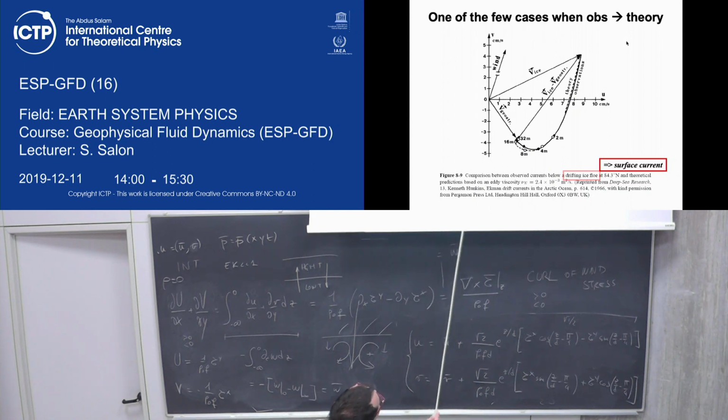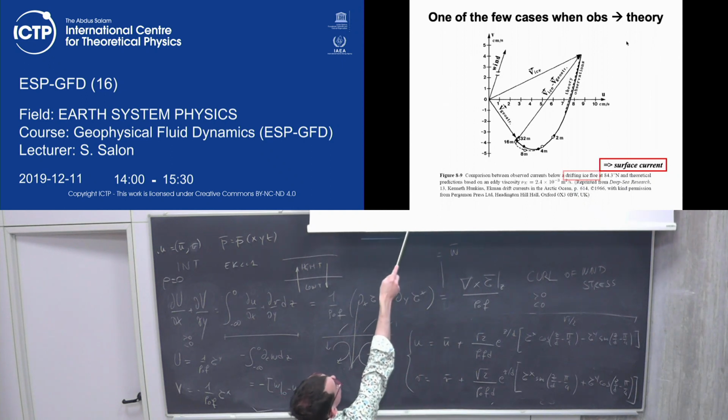This was a comparison between observed currents below a drifting ice floe, which practically corresponds to the surface current, and the theoretical prediction based on an eddy viscosity of 2.4 10 to the minus 3. So it's a little bit smaller than the one we used.